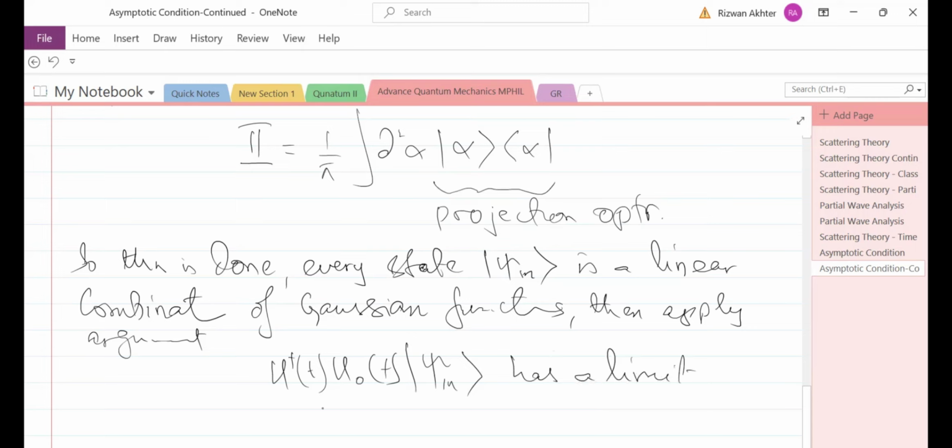Then apply this argument, after the triangular inequality, to each quotient.